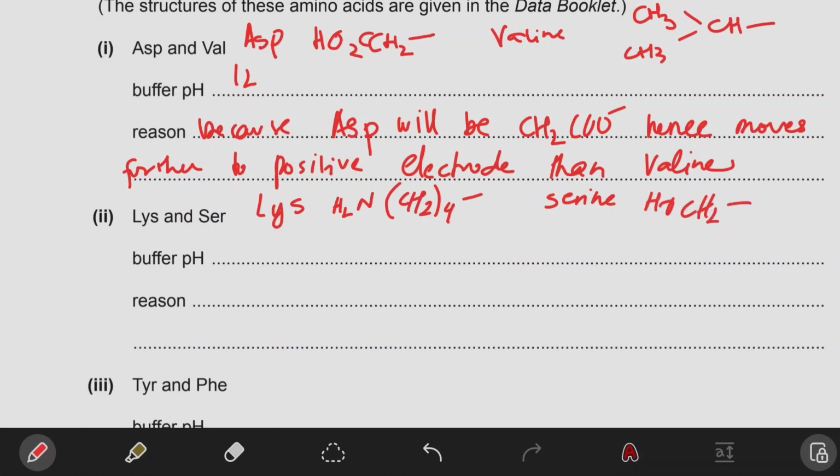What will happen to these? This has an amine, while this has an aldehyde. Actually, not aldehyde. You can say that the buffer pH should be 2 because with this amine it can accept a proton, right? And if it accepts a proton, it will get a positive charge and it will be attracted to the negative electrode.